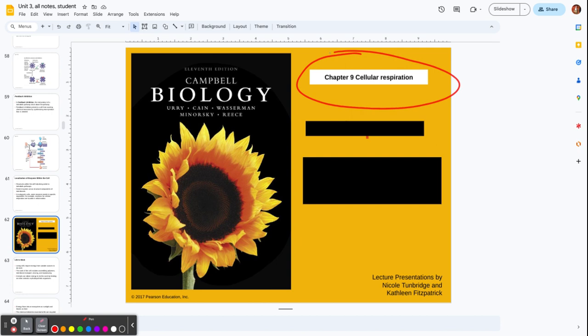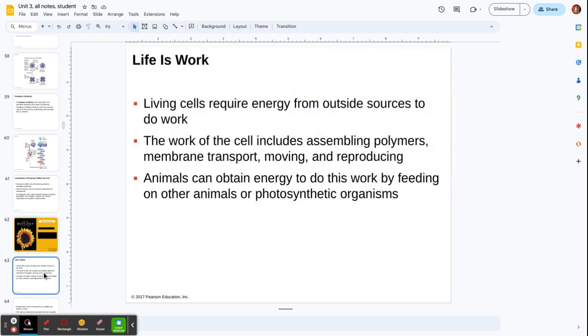No matter what I did, it defaulted back to the first slide in the deck. So that's why it's typed in here, chapter 9, cell respiration, and why this has been deleted out, because it actually talked about chapter 8. This is about chapter 9. I couldn't figure out how to get it to be okay with me wanting to go to the next chapter. Even though I copied the slide and I pasted it in, it just wouldn't do it.